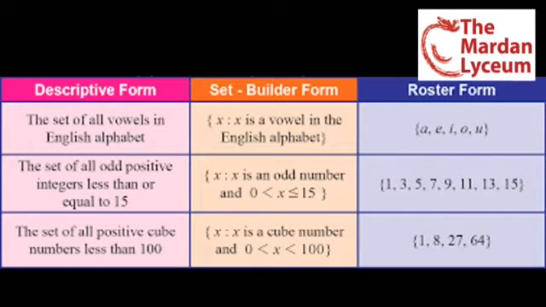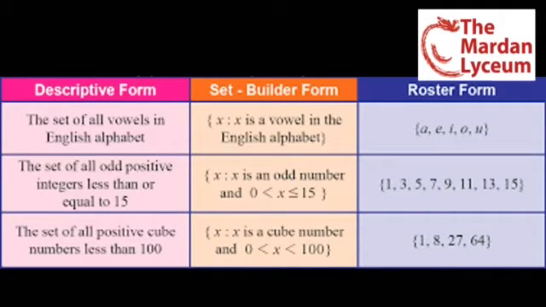The set is read as A is a set of elements X such that. This word 'such that' is very important. X is a vowel of the English alphabet. Instead of the colon symbol, another symbol, a small vertical line, is used to indicate 'such that'.